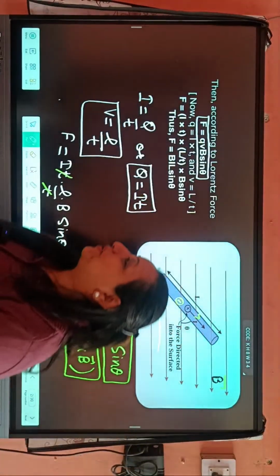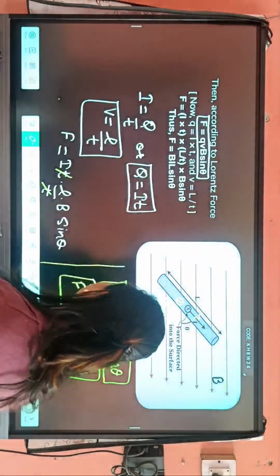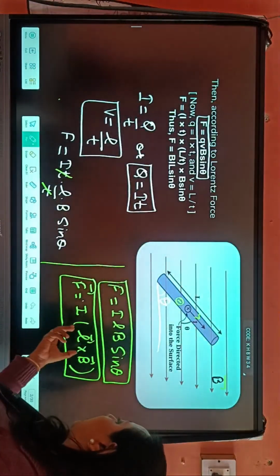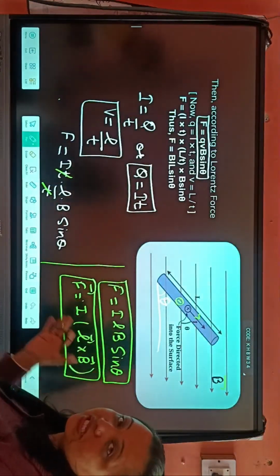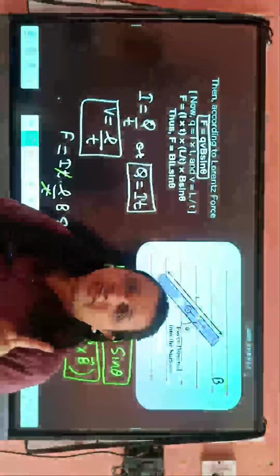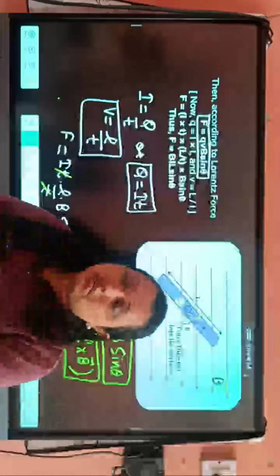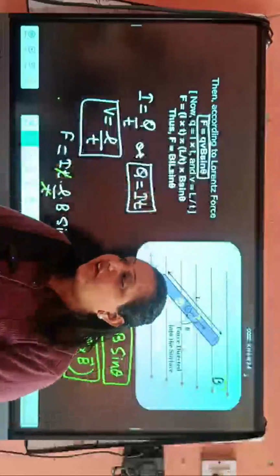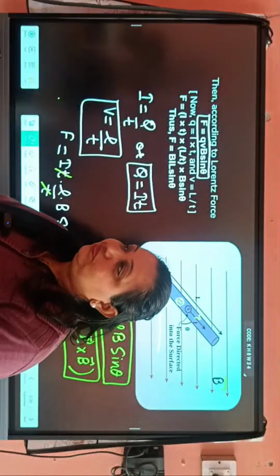This is a current carrying coil placed in a magnetic field B. What is the magnitude of the force? It's ILB sin theta. This is one conductor placed in magnetic field B, the force is ILB sin theta. In a rectangular coil, we have four conductors.